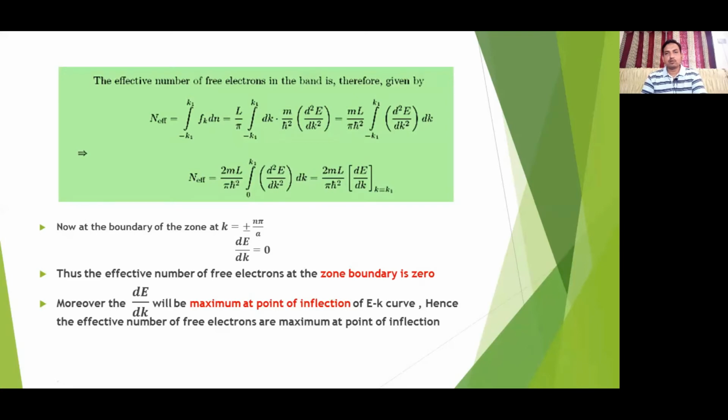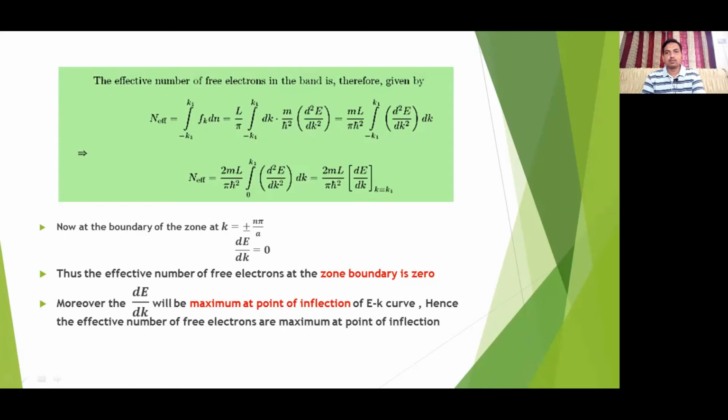You apply the integral from minus k1 to plus k1 of f(k) dn, right? Put the value of dn; L over 2π is constant and comes out, and that is m over ħ² d²E over dk², which is the value of f(k).